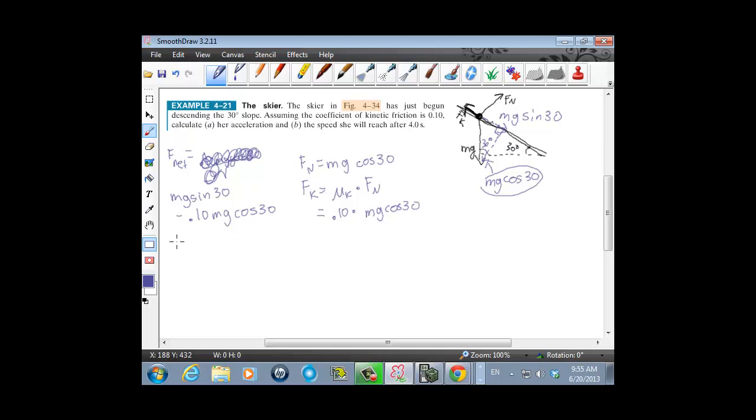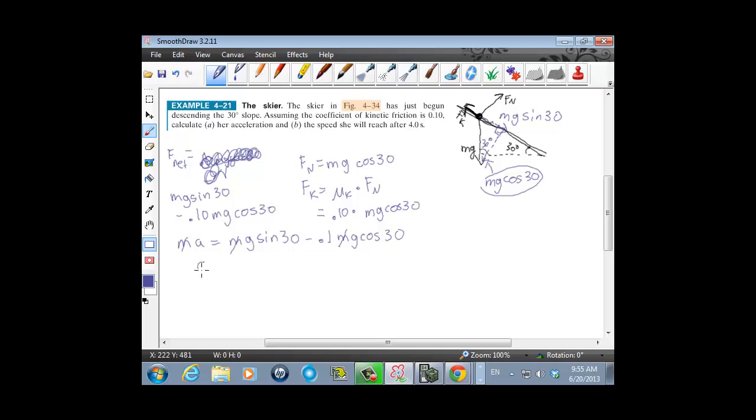That's F net. F net is going to equal mass times acceleration. So mass times acceleration equals mg sine 30 minus 0.1 mg cosine 30, and yay, we were hoping our masses would cancel, and look, they do.